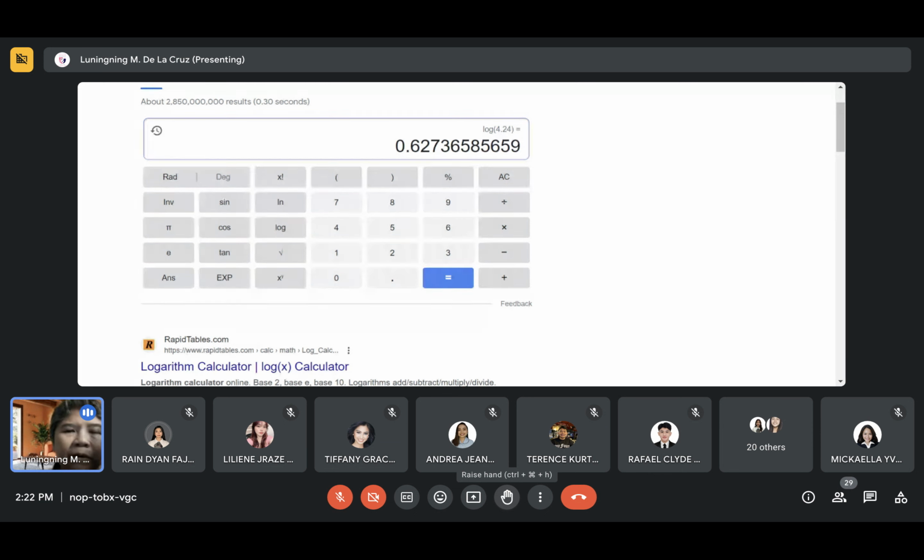So the log of 4.24 is 0.62736, and I have to subtract this from the number 4. Okay? That's why I got the value of the pH as 3.373. Okay, class, did you get that one?